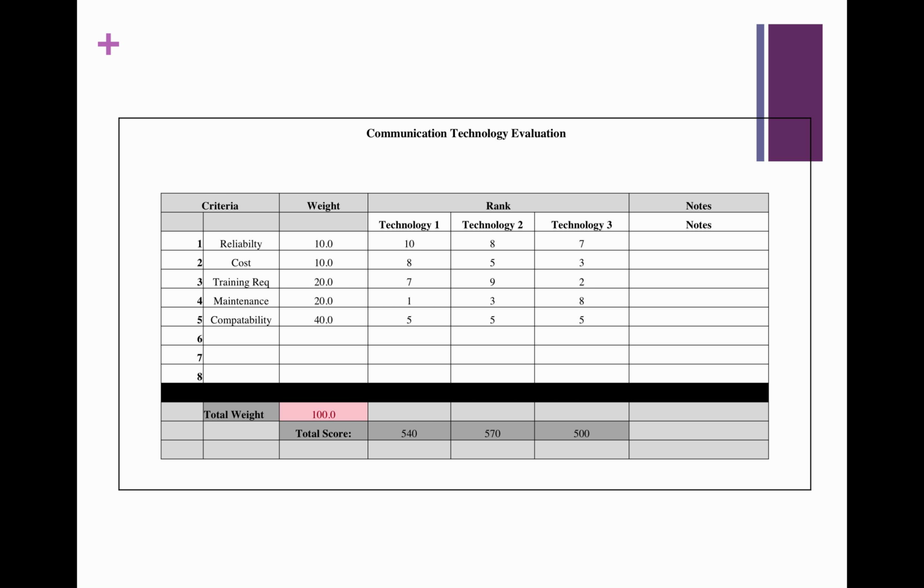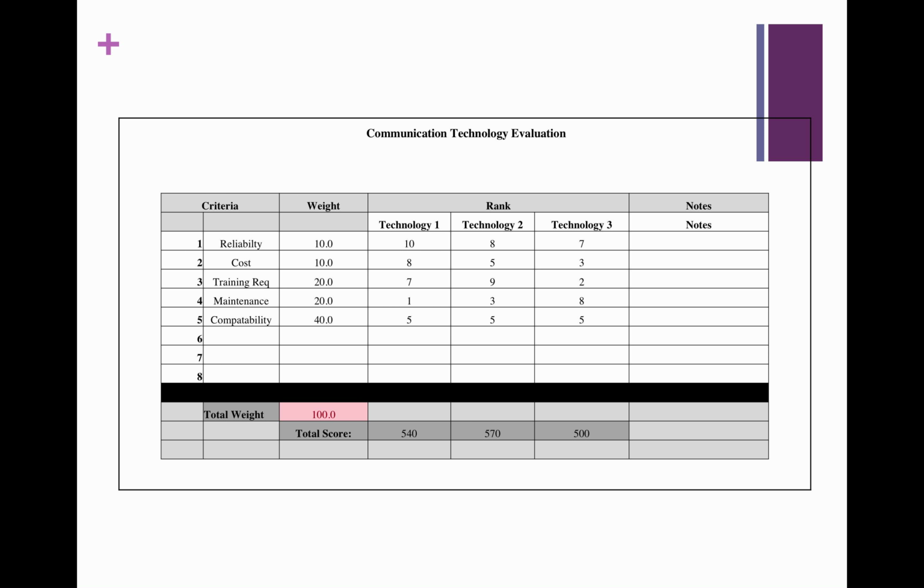So why do this? Number one, you're looking at multiple pieces of technology. Two, you have some independence and objectivity. And three, there's some math behind it that you can show objectively that the ranking is higher.